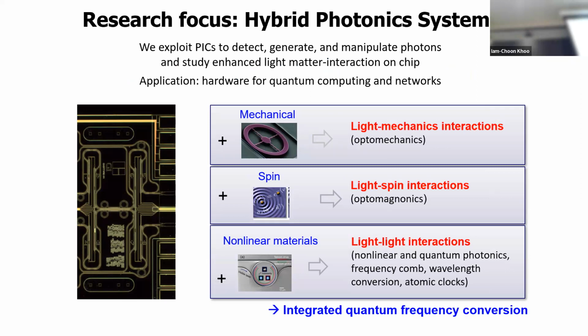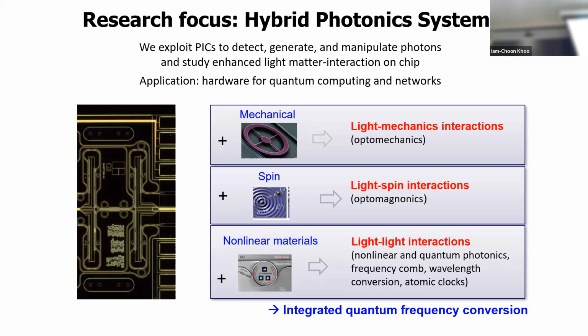When we talk about light-matter, it's a generalized matter. Those include light interaction with mechanical resonators, interaction of light with spins, and photon interaction mediated by nonlinear optical material.